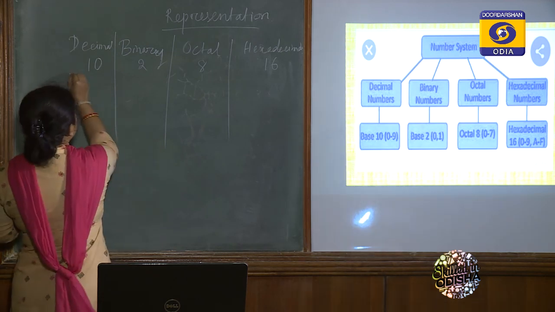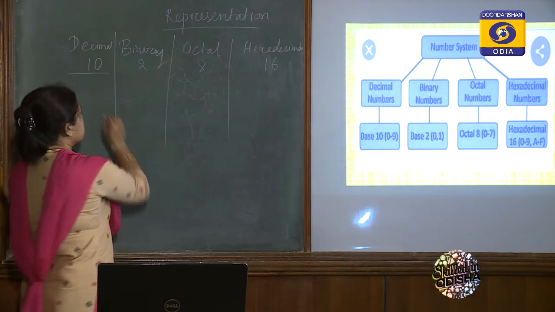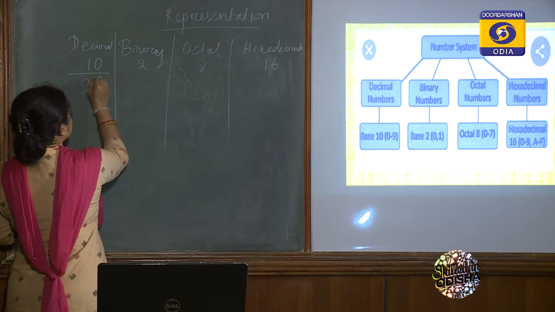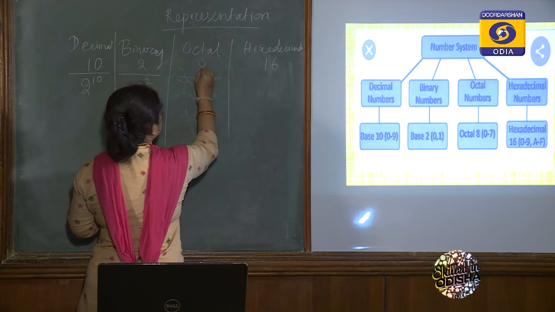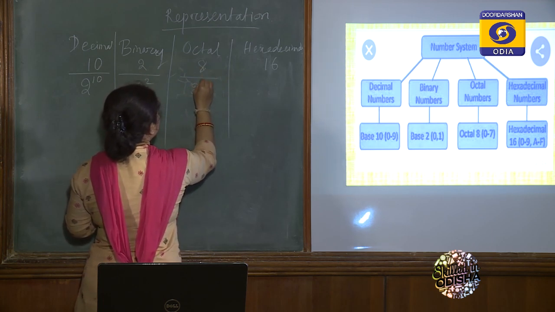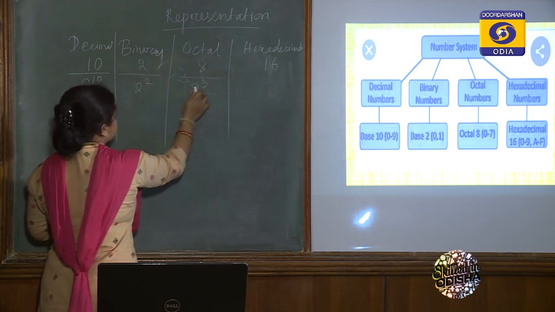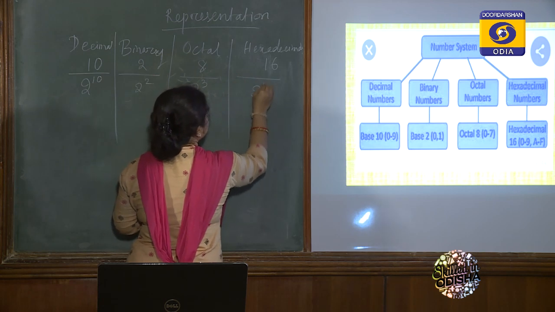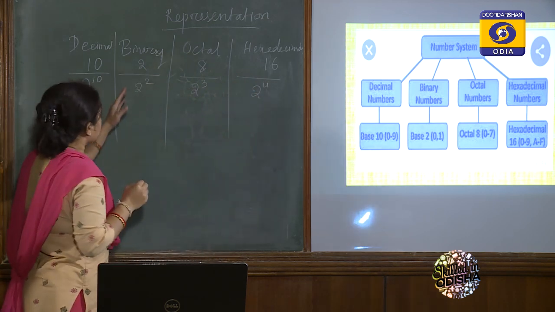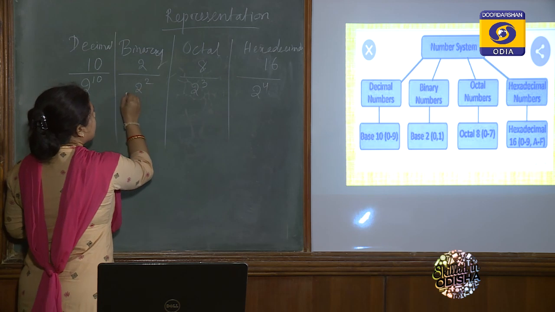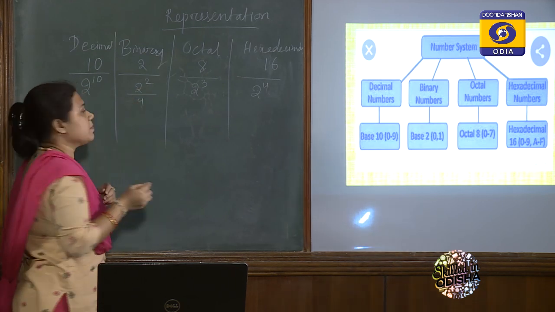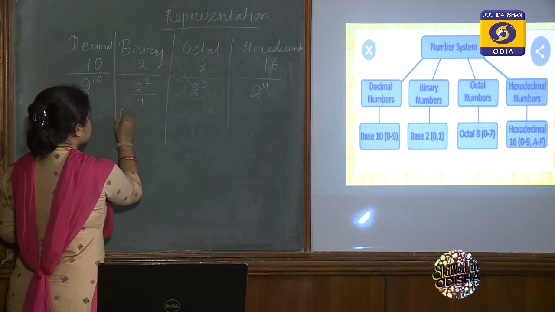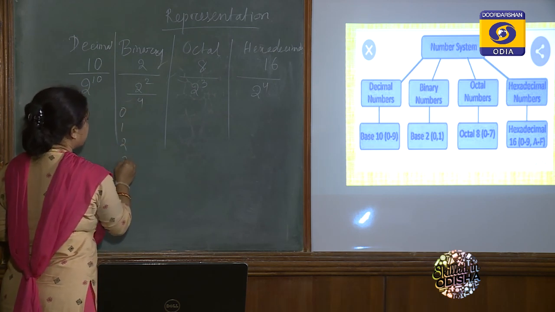Here the base is 2, so it is represented as 2 to the power 1, here 2 to the power 2, here 8 means 2 to the power 3, and here 2 to the power 4. In the binary number system, 2 to the power 2 is 4, so a maximum of 4 numbers can be represented: 0, 1, 2 and 3.